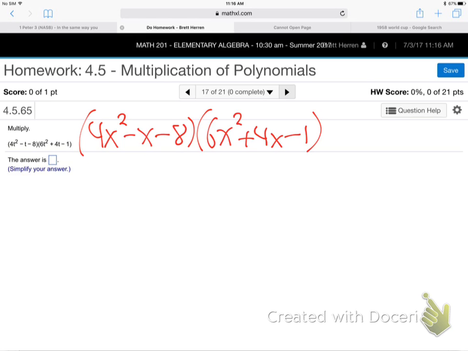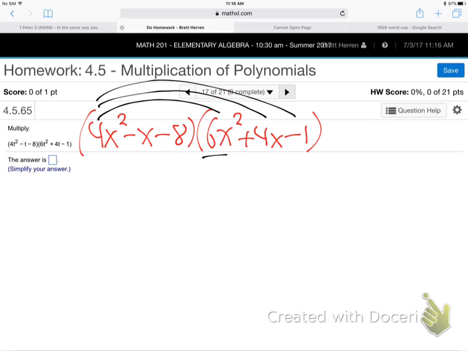So how many multiplications altogether on that thing? A lot. First to all three, second to all three, third to all three. How many? 9 multiplications, right? 3, 3, and 3. So first off, that 4x squared is going to go boom, boom, boom.